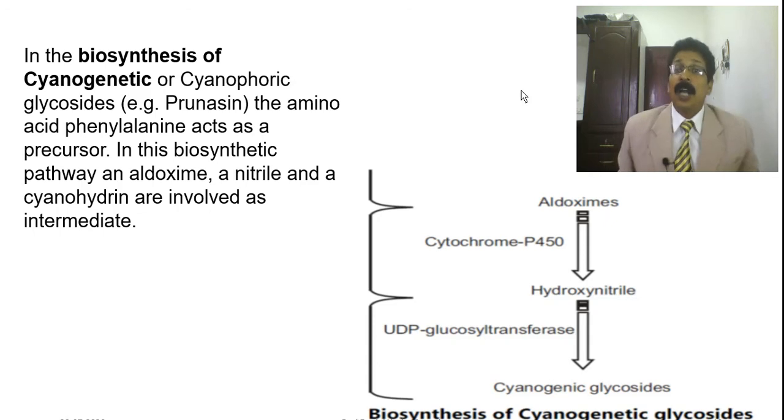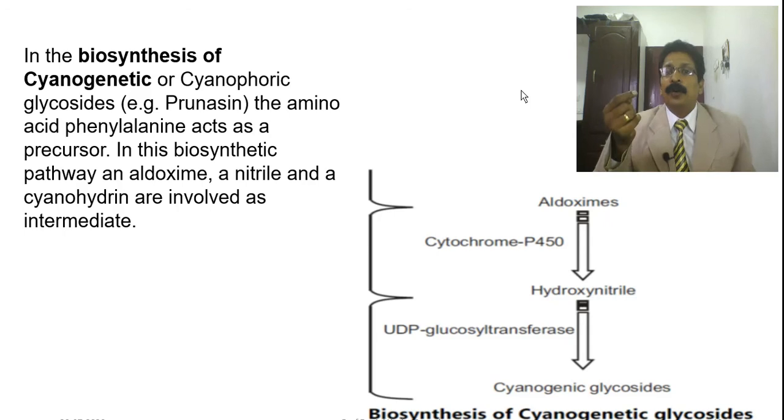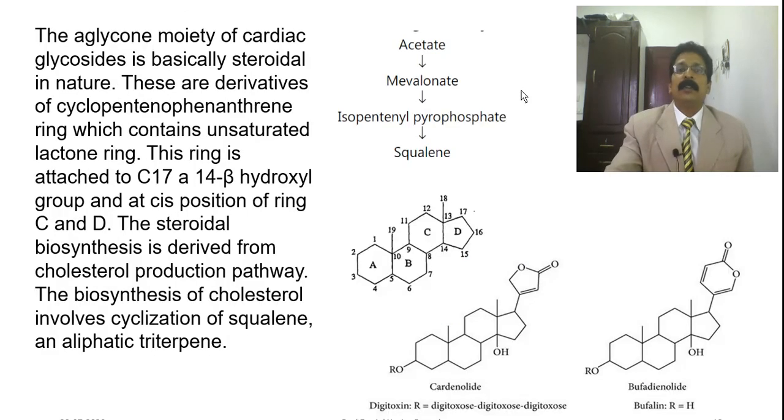See, I have written, aldoxime can be converted into hydroxynitrile by means of the enzyme cytochrome P450, and uridine diphosphate glucosyl transferase can convert this hydroxynitrile to cyanogenic glycoside. Very simple to remember. If they ask something about glycoside, you can just write about this.